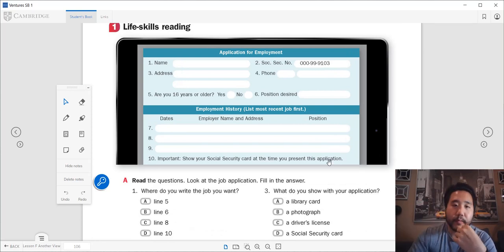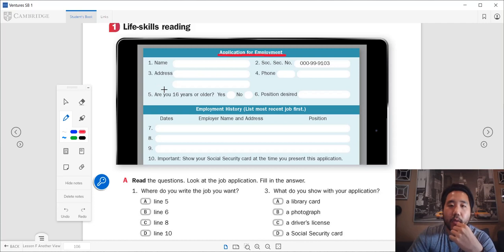So here, let me read this. Application for employment, employment history, list most recent job first. Here we have application for employment. This section is where we put our personal information, and especially which position we want to apply for.